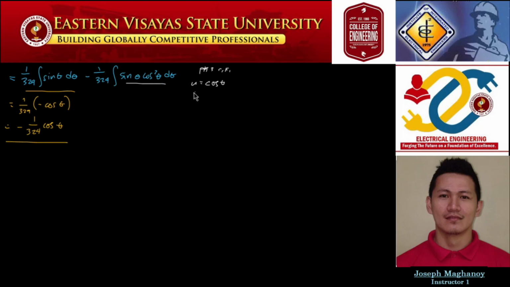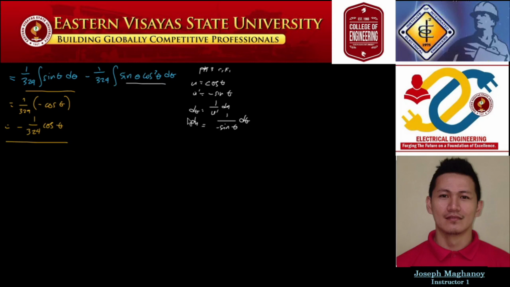So the first derivative of cosine, that is what? Negative sine theta. So finally, d theta is equal to the reciprocal of the first derivative, du. So that is equal to du times 1 over negative sine theta d theta.